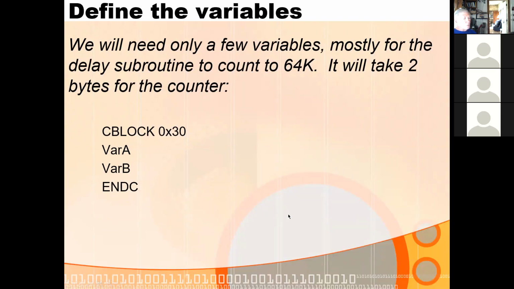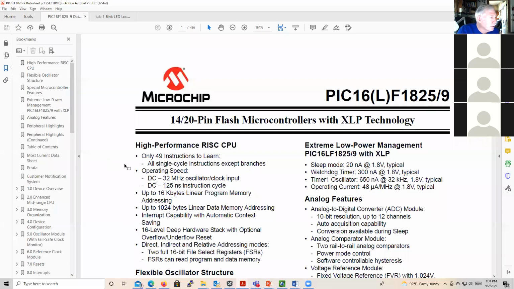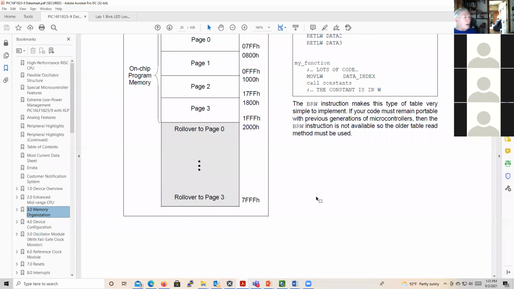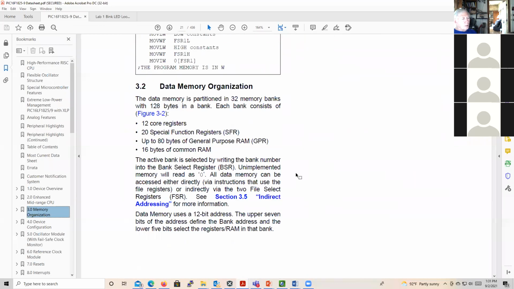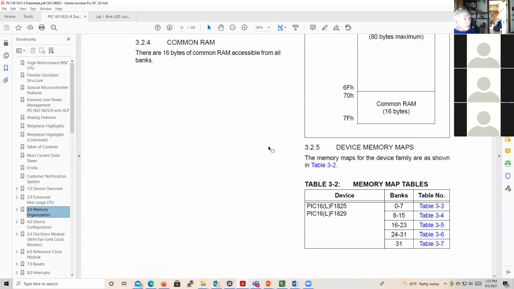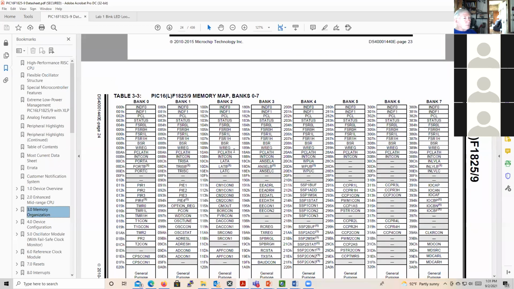Now, if you remember, when we looked at the data sheet and we looked at memory organization, if we go down to where we see our data memory pages, not our program memory, our data memory, we have 31 banks of data memory.